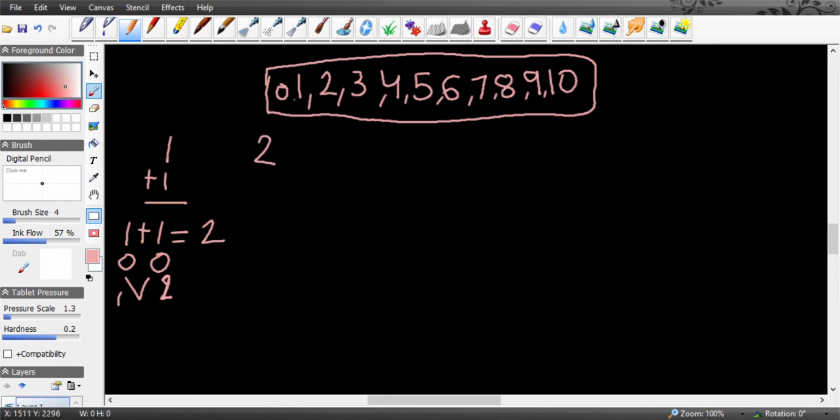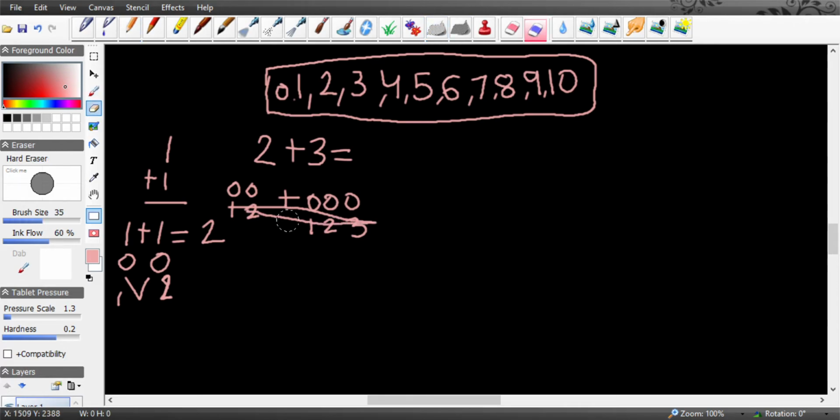2 plus 3. So let's use examples. This is 2. 1, 2. And then we're going to add 3 to those 2 circles. 1, 2, 3. Now we're going to forget about these, and then we're going to count all of these, and that's going to get us our answer.